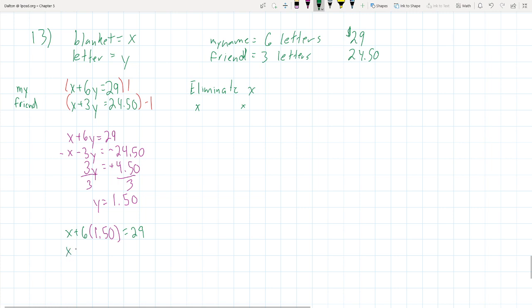So I get x plus, what is that going to be? 9.